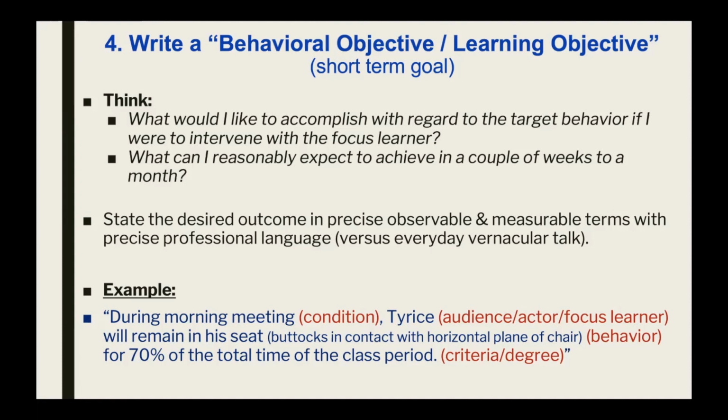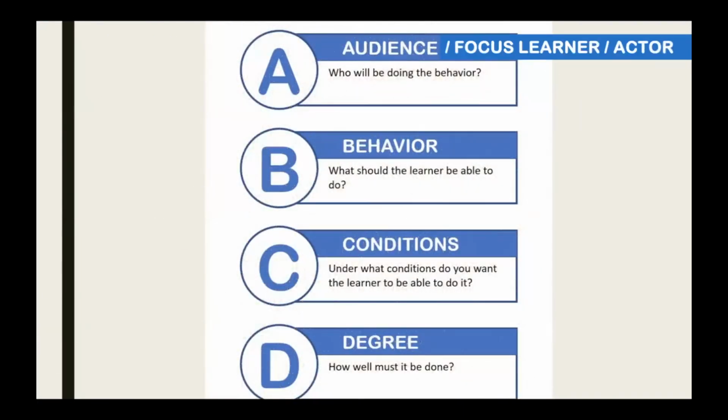In the document that you can access, the description of the assignment, there's a link or two that will lead you to more information on how to write a behavioral objective. But here's those four parts again, just to solidify this and have it sink in a bit more.